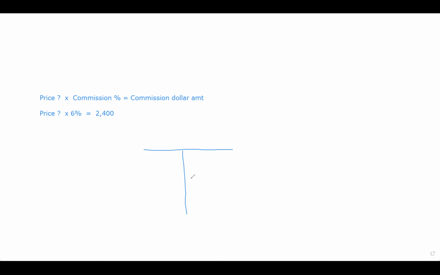So we look at the forward way that we work the problem, and that would be price, or purchase or sales price, times the commission percent would equal the commission dollar amount. So that is how we put it in a T-bar.